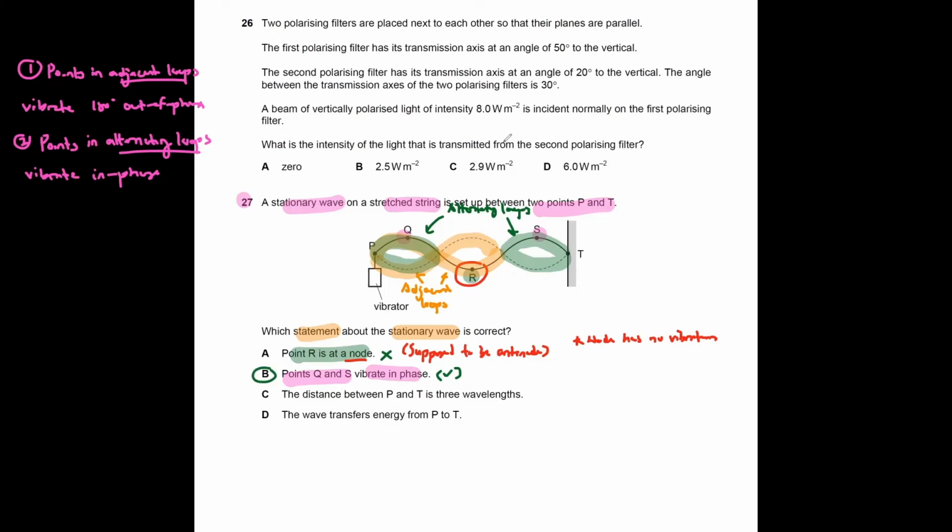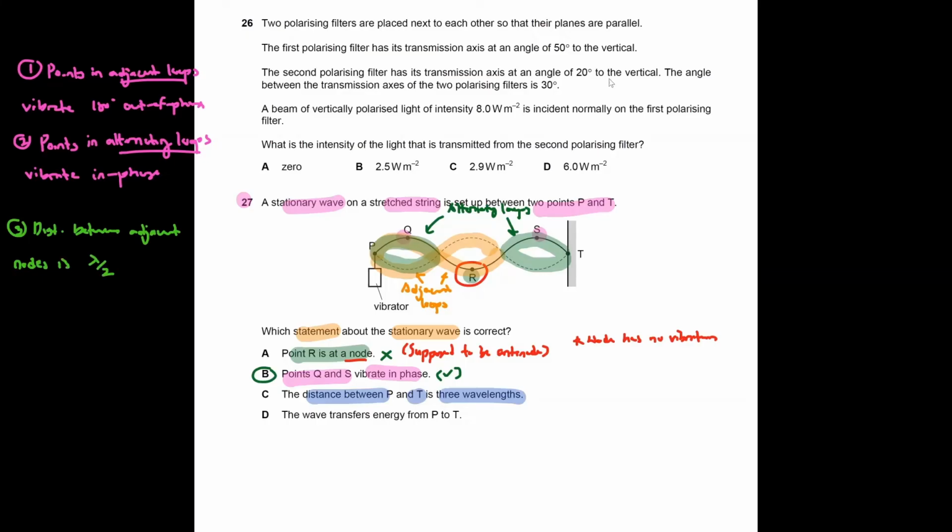But you can also check with the rest of the answer statements. Distance P and T is 3 wavelengths. This one is definitely not correct because what you do know is that the distance between adjacent nodes is half a wavelength.